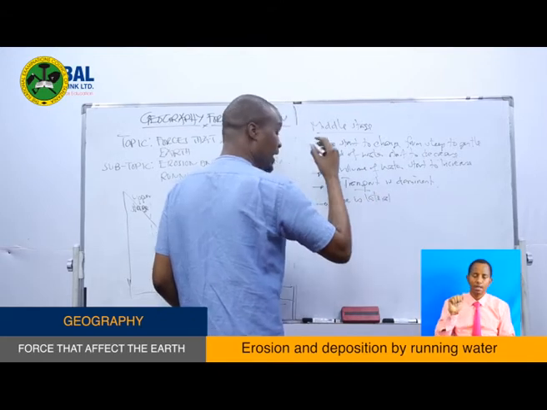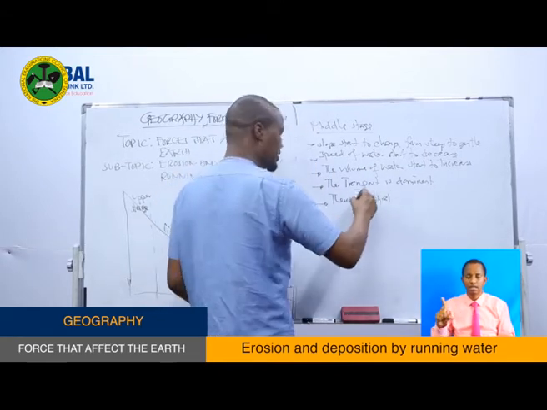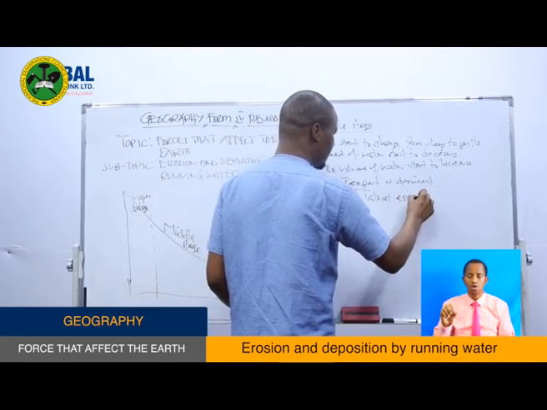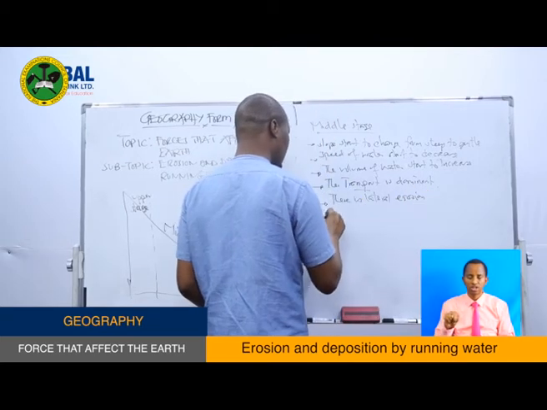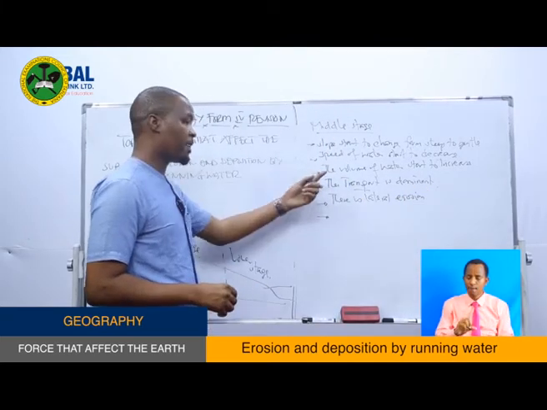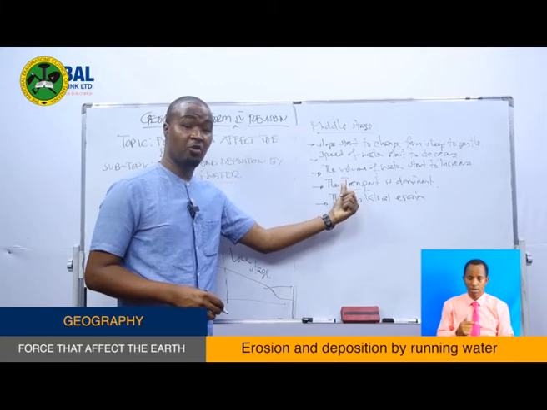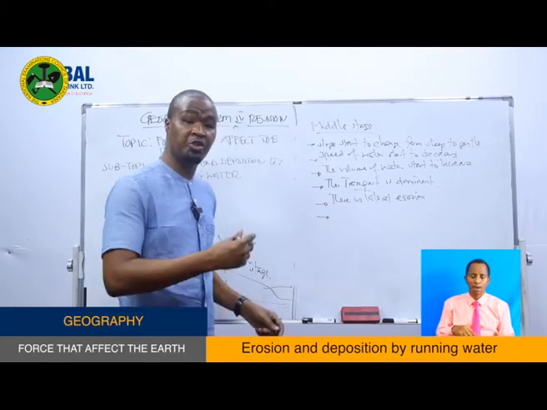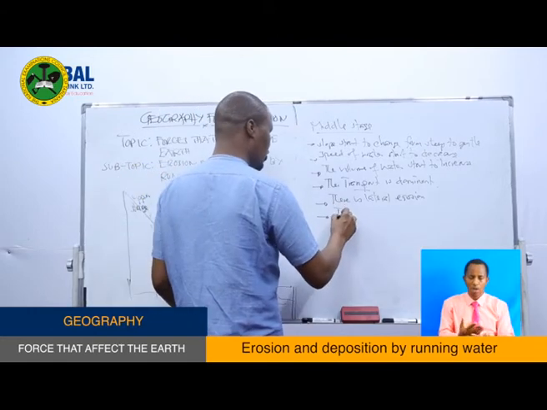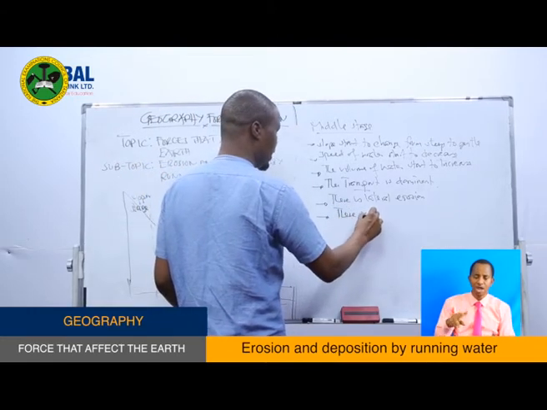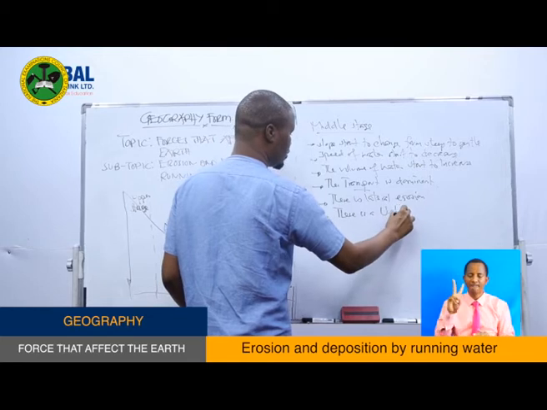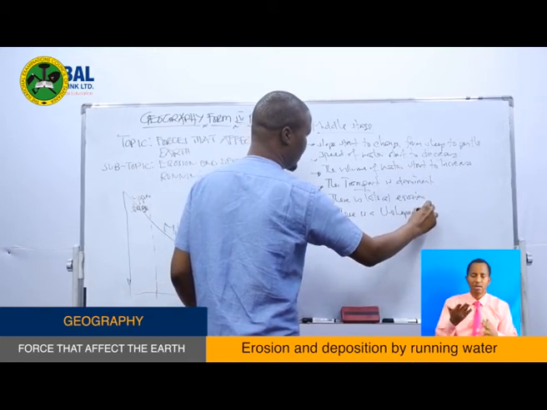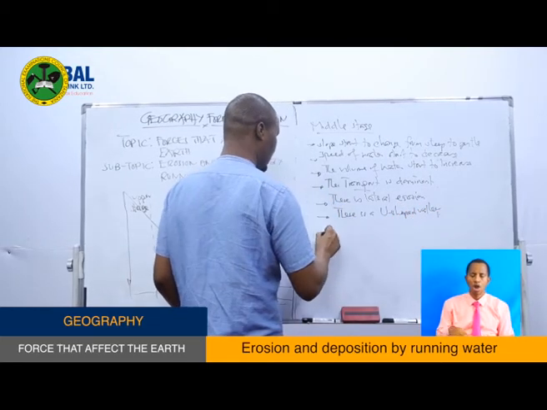Remember, at the upper stage there is vertical erosion, which resulted in the V shape. Right here we have lateral erosion, which results in the U shape. So we say there is a U-shaped valley. Are you with me?